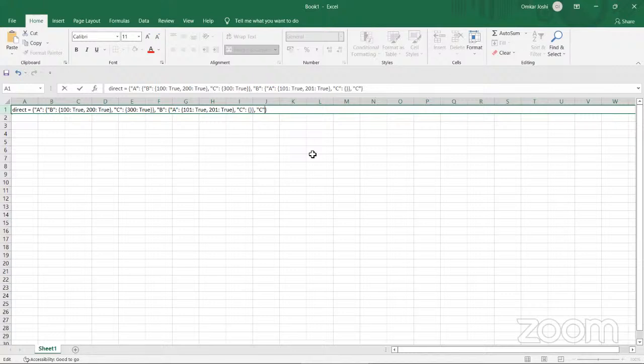Okay. And then for C, again, we should have 2 stations, A, which is a dictionary, and station B, which is a dictionary. Okay. So now we are going from C to A. That means we have to check what A to C is. A to C 300 is there, which is true, right?